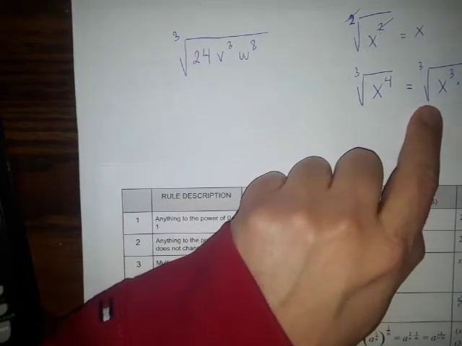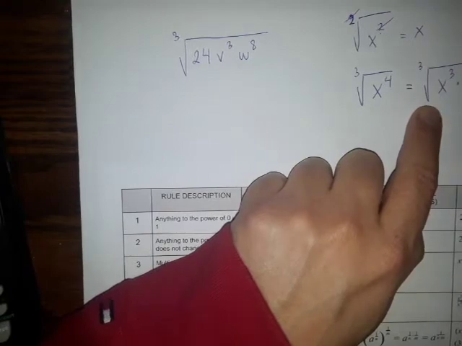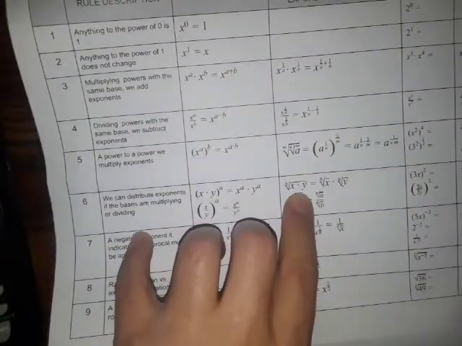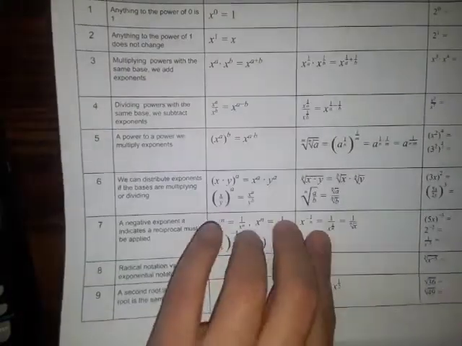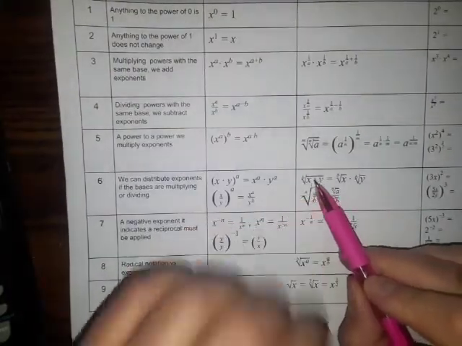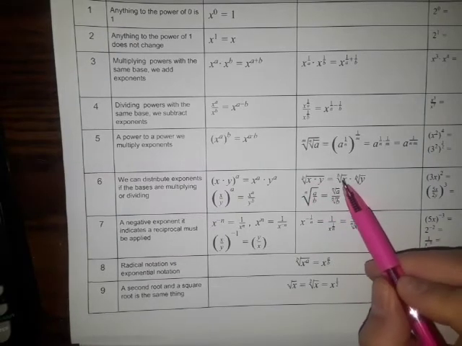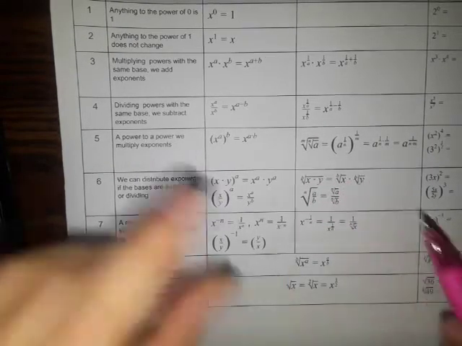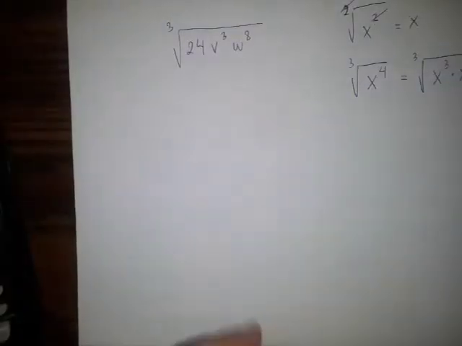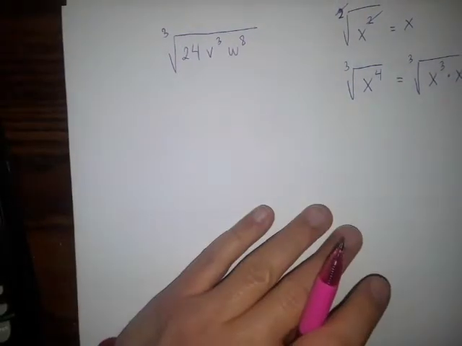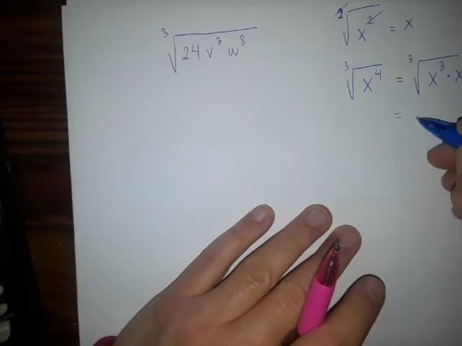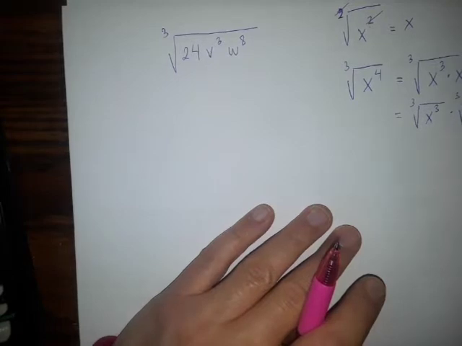Now this would cancel with this, and now is when I have to use this rule here: when I have two things multiplying inside of a root, I can take the root of the first and the root of the second. So what I can do here is the third root of x to the third times the third root of x.